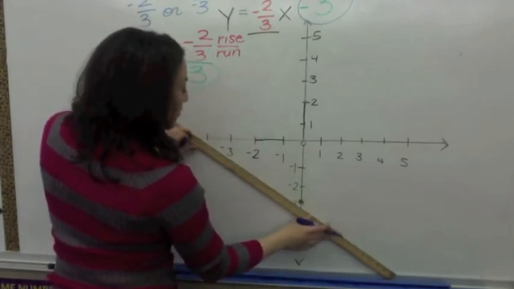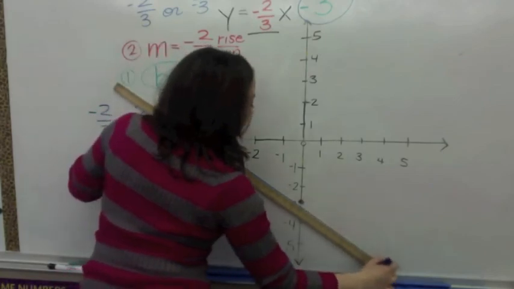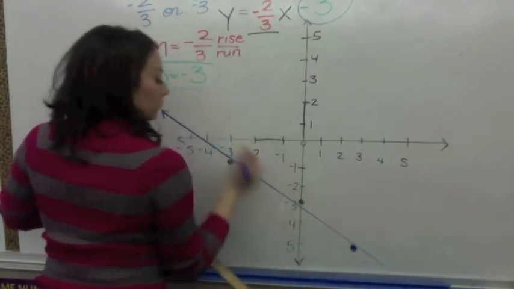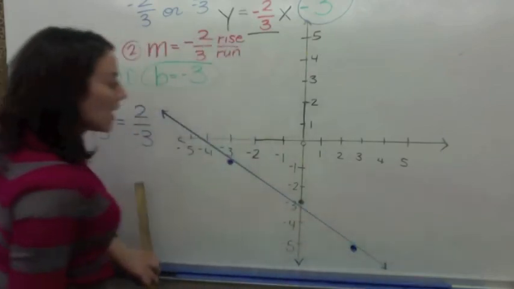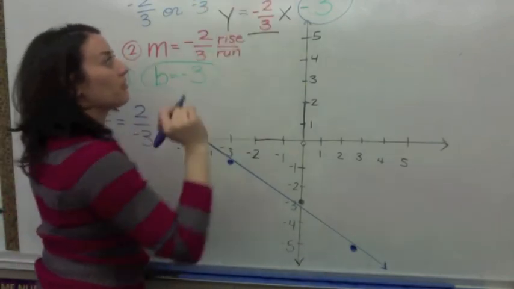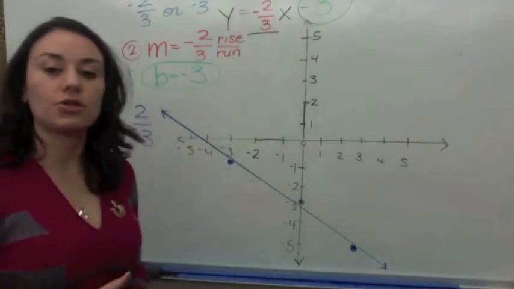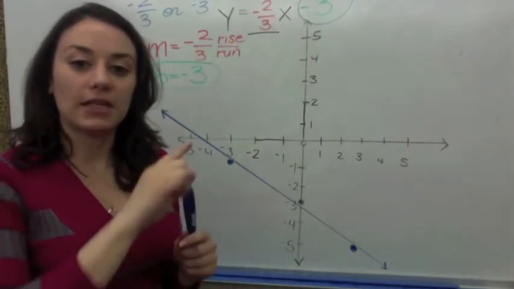They don't look exactly perfect, but you make your line, and this is a negative slope, so it goes down. Okay, and those are 2 examples of how to use your mama's ex-boyfriend by identifying the slope and y-intercept to create a linear equation.